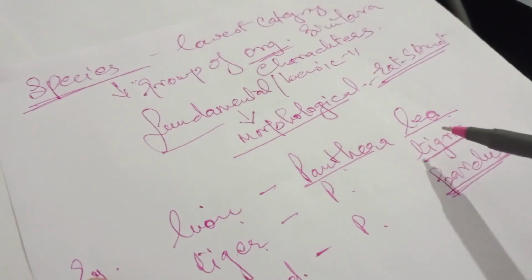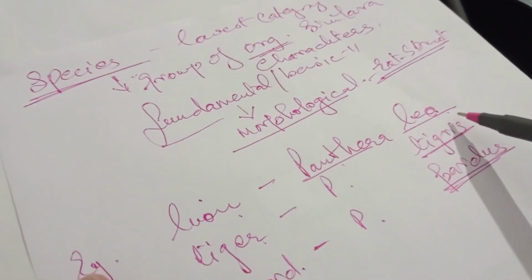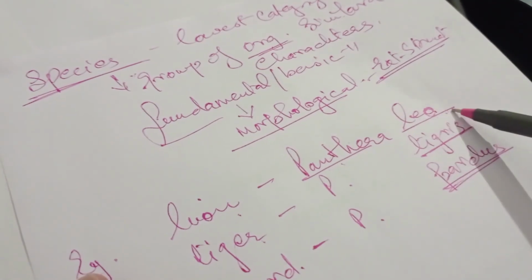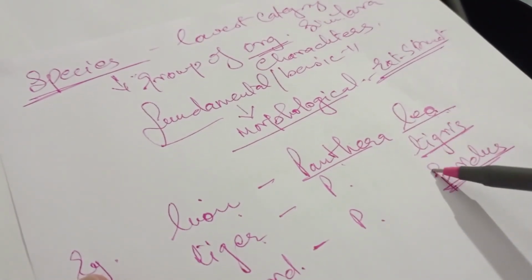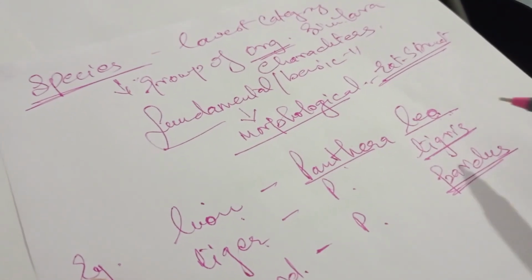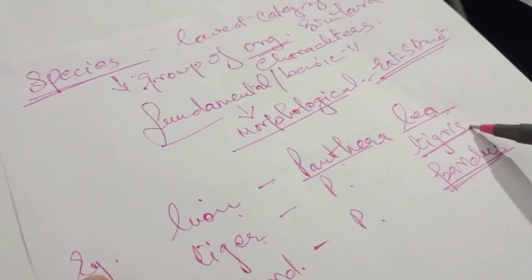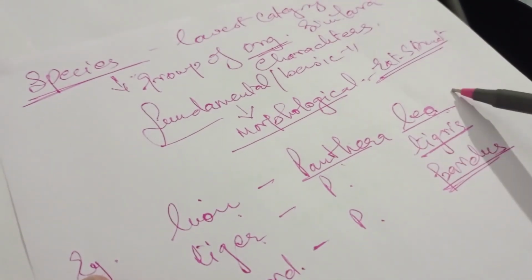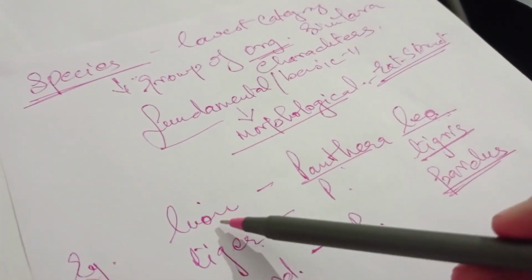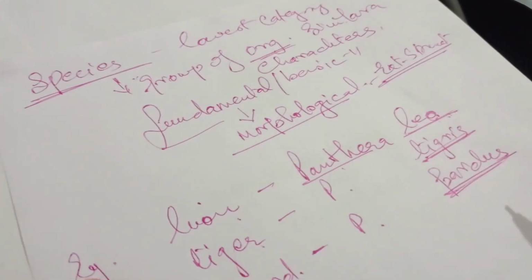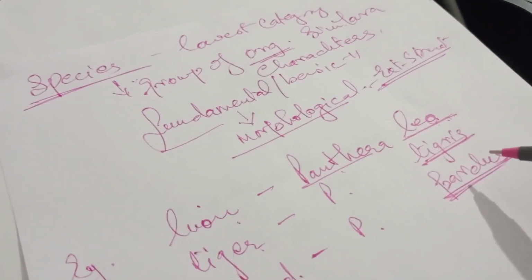Now you can easily identify all the lions of the same kind, all the tigers of the same kind, all the leopards of the same kind. But lions differ from tigers, tigers differ from leopards, leopards differ from lions. That means leo, tigris and pardus are the species.